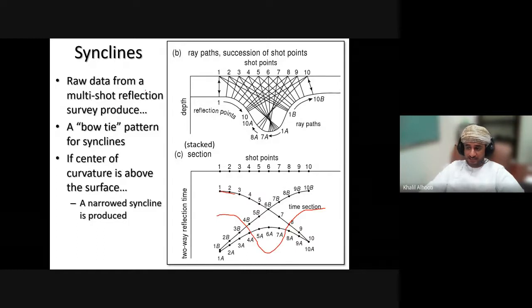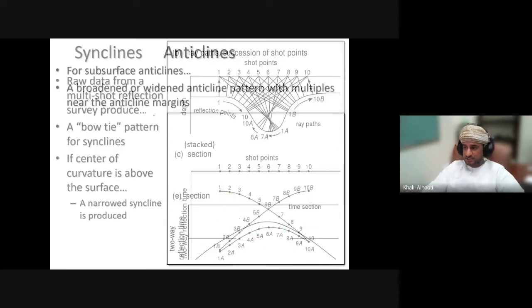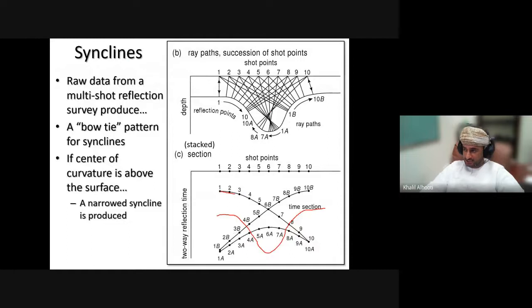So this is a syncline, a geologic syncline, and it will appear as what we call a bow tie. This is a bow tie in the time section, in the seismic section. This is a geologic section, whereas this is a stacked seismic section.